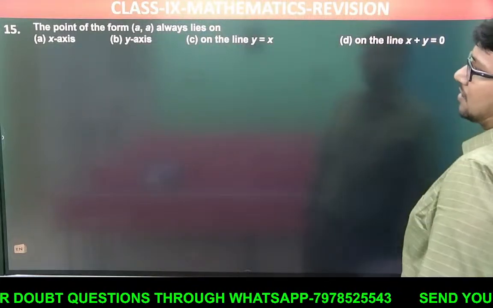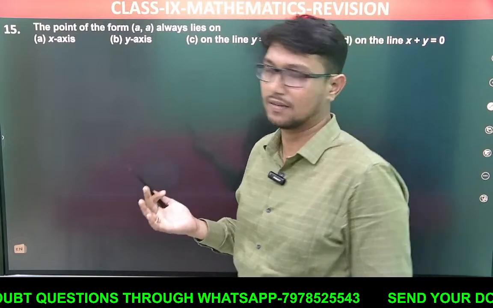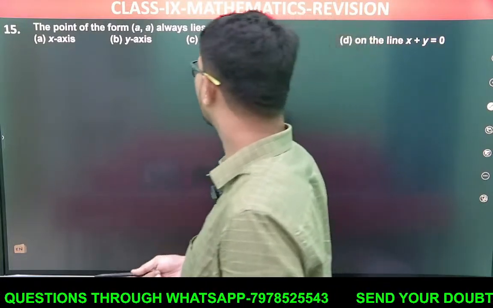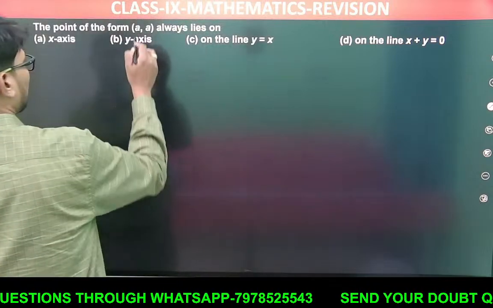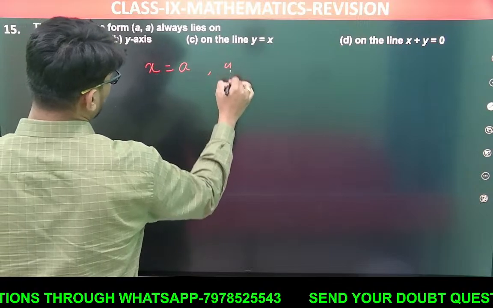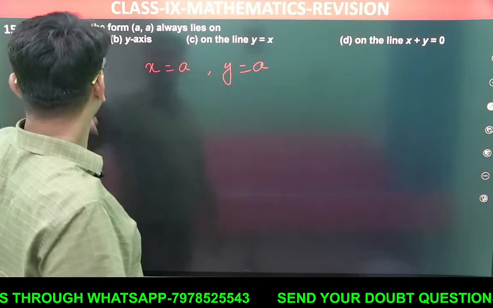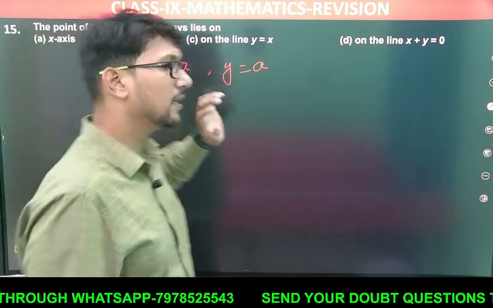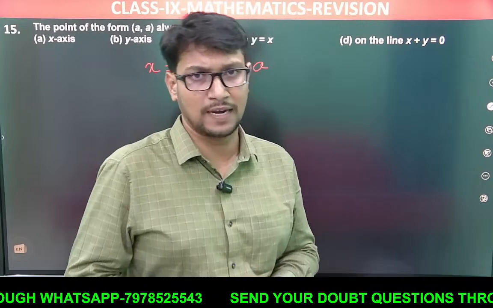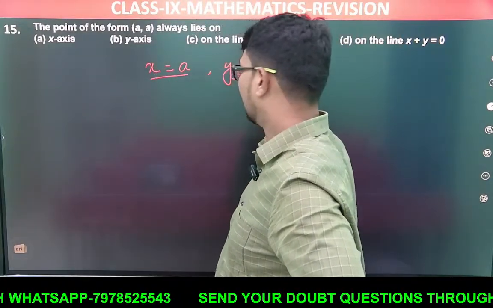Now see, the point (a, a) means x equals a as well as y equals a. We have to find where it always lies.